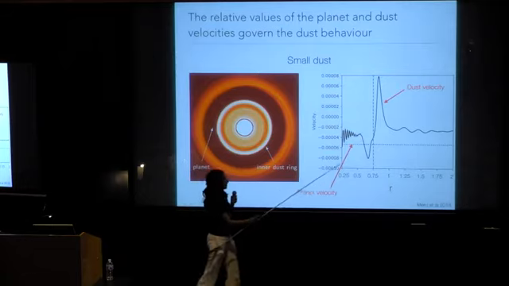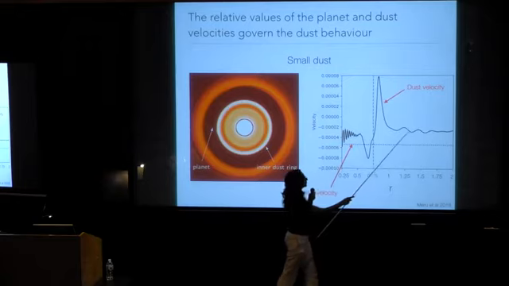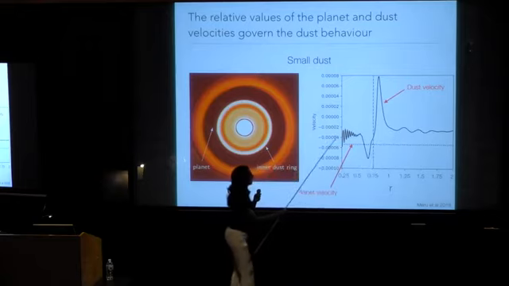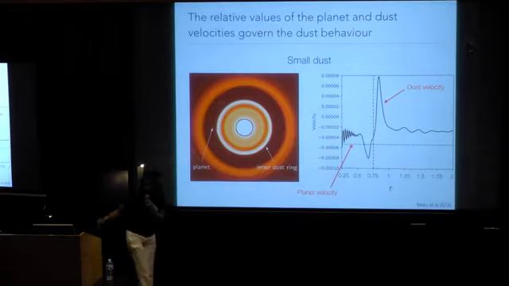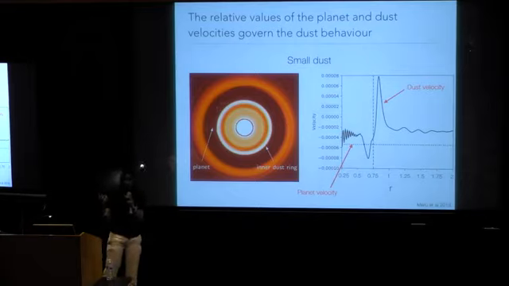And what you see in the outer parts of the disk is that the dust velocity is much smaller than the planet's velocity. So this is moving inwards here. It's moving much more slowly. So what we have, when you've got a planet in the disk, is a pressure maximum. So imagine the star is over there. The pressure maximum is exterior to it, and it's moving along.